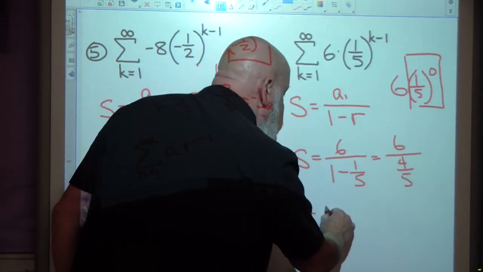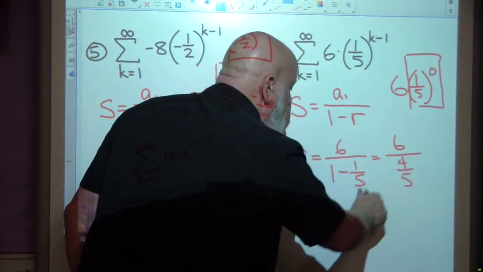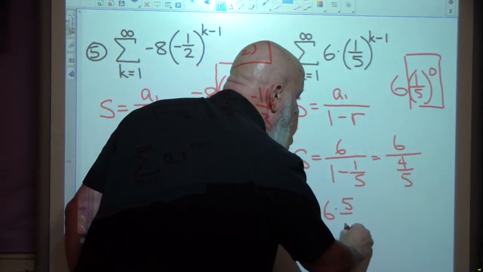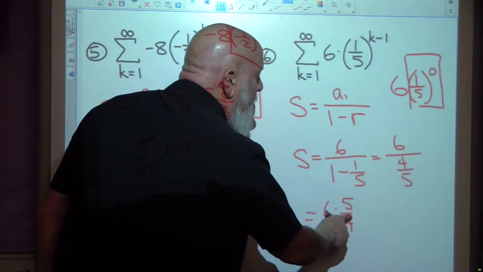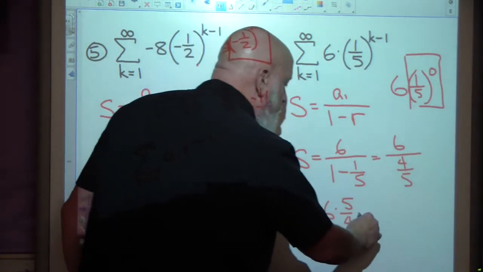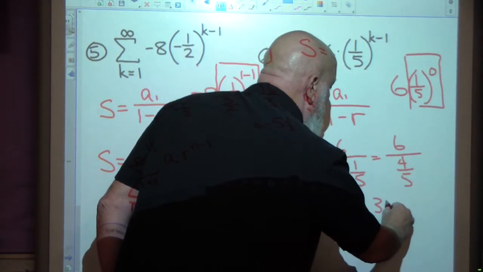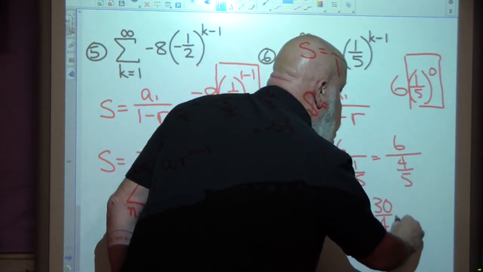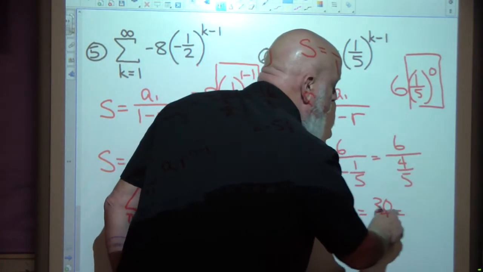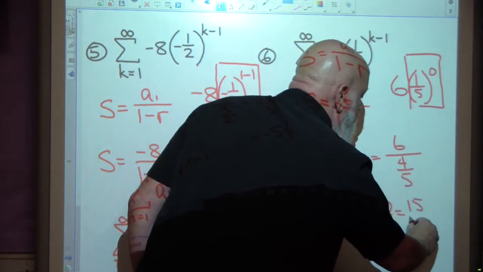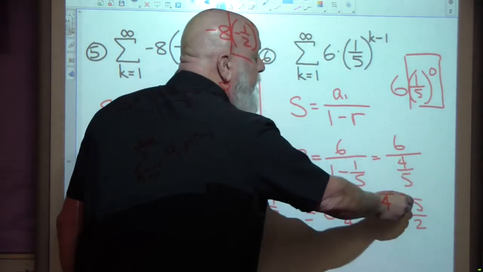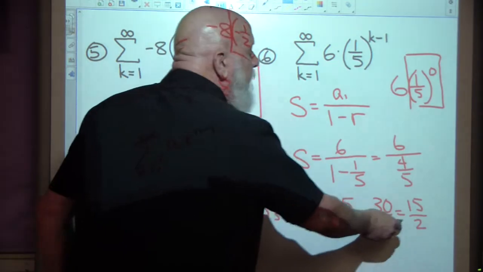This is 6 times invert and multiply, 5 over 4. And 6 times 5 over 4 is 30 over 4, which will reduce to 15 over 2. You can divide top and bottom by 2. And there's our answer, 15 over 2, or 7.5.